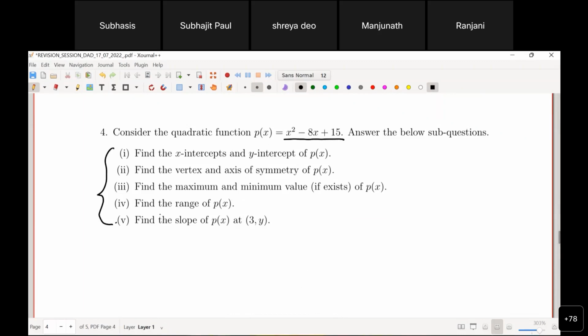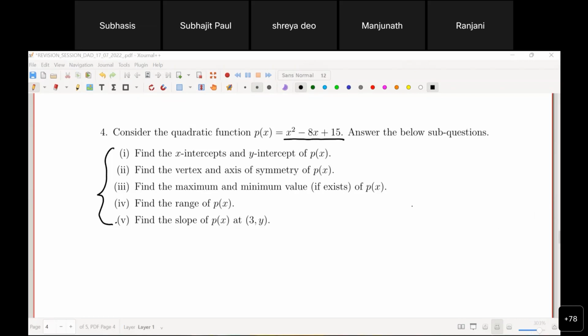Can one of you tell me what we mean by x-intercept and y-intercept? The x-intercept is where y is equal to 0. Correct. And the y-intercept is where x is equal to 0. Correct.